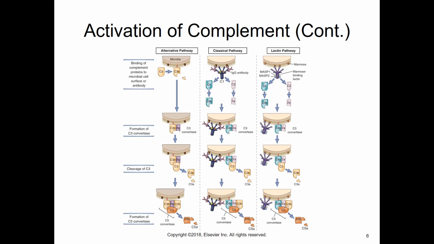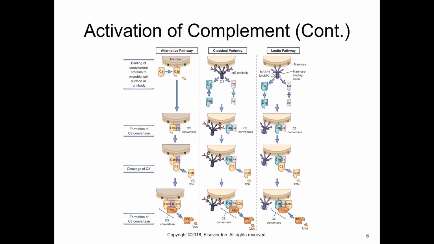The C3 to C3b is your opsonization and phagocytosis. It tells the system it needs to opsonize, and it speeds up phagocytosis.